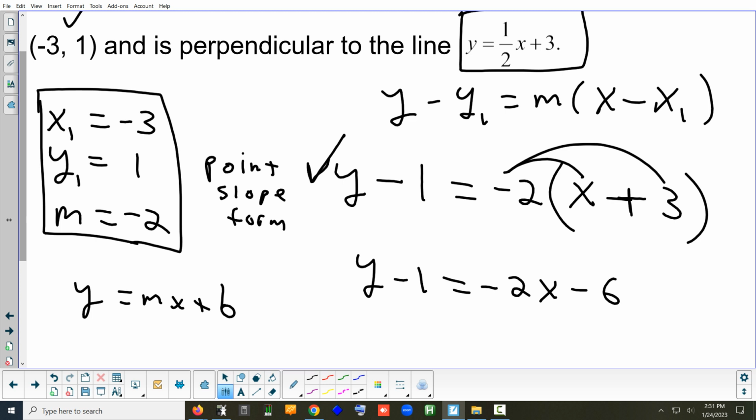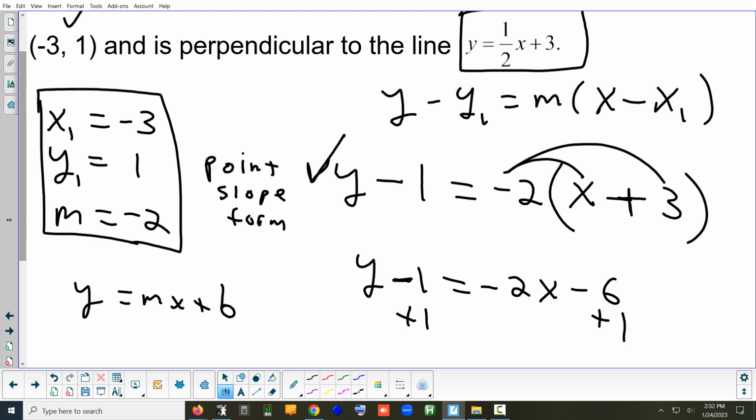So if they ask for y equals mx plus b, that's the first step. And what's my last step? Do you know my last step? Wouldn't you get rid of the negative 1? And how would you get rid of it? Plus 1, and then add it to the negative 6.